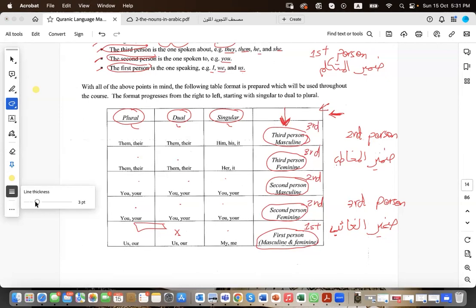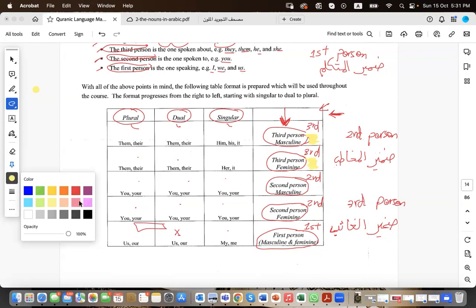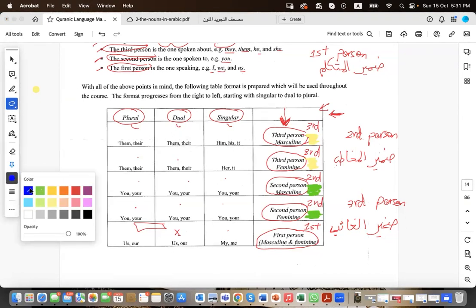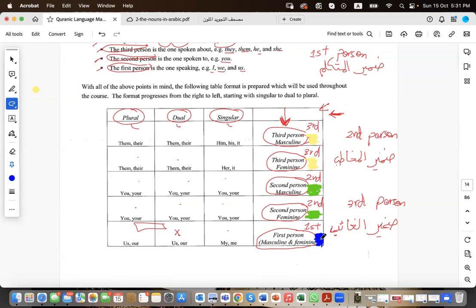So I would highlight the third person in a color, the second person in a different color. All the time, colors make things very clear in our mind, and help us to remember what we need to remember. And the first person is in a different color. Of course, please use any color that you would like.